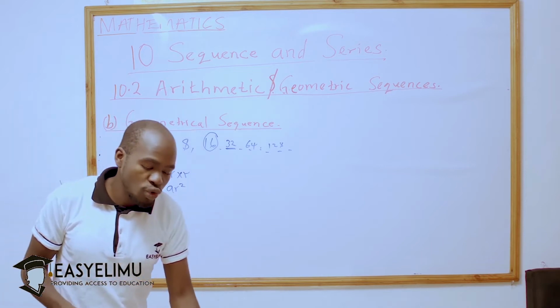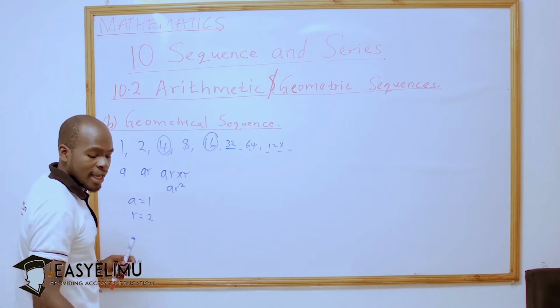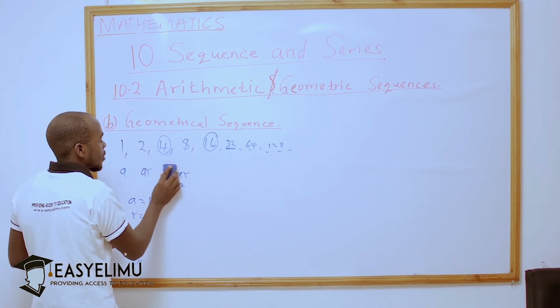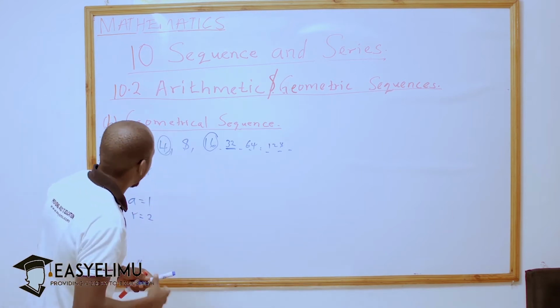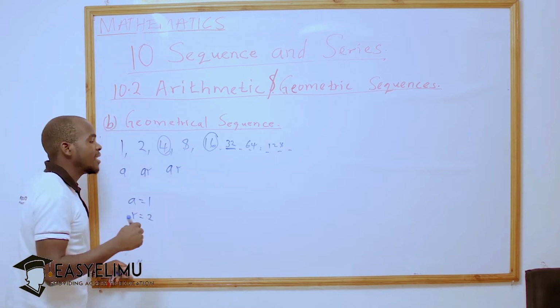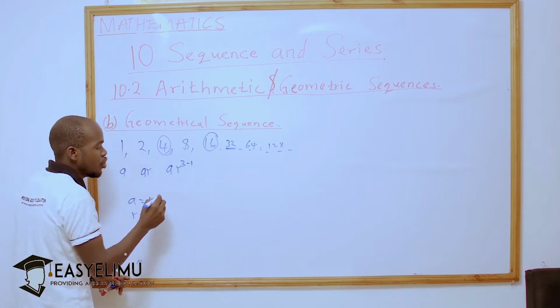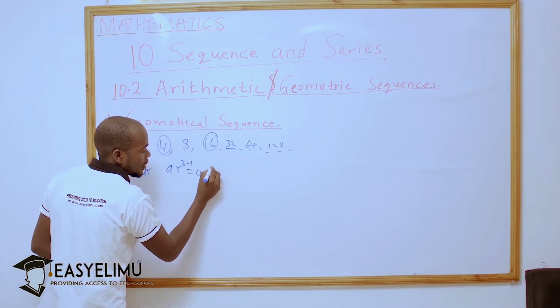Or if you want to do it another way, you can obtain the third term by taking AR raised to 3, then subtracting 1, and you will find your answer as AR squared.